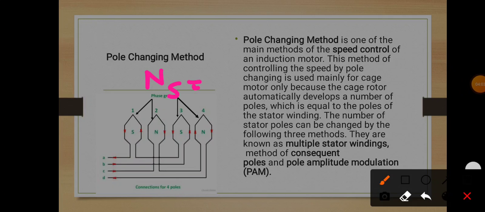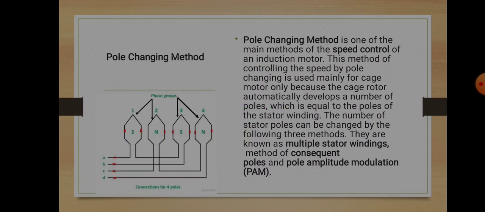Ns is equal to 120 f by P. So when you increase the number of poles, your speed decreases. The number of poles in the stator has to be changed from the manufacturing side itself, because it cannot be done externally.